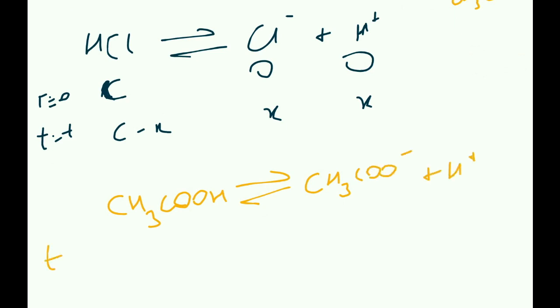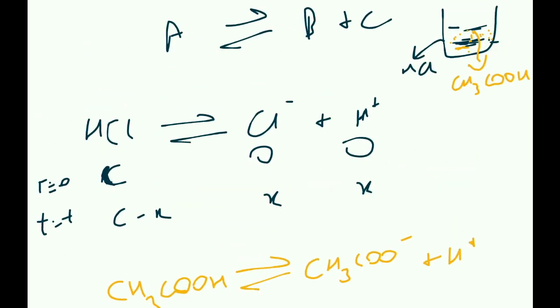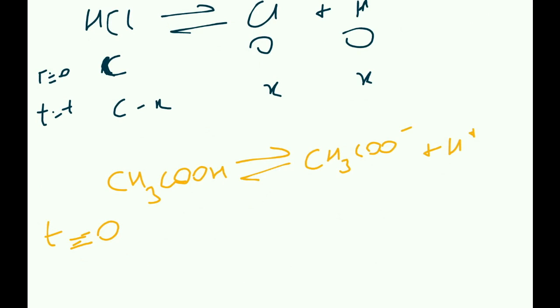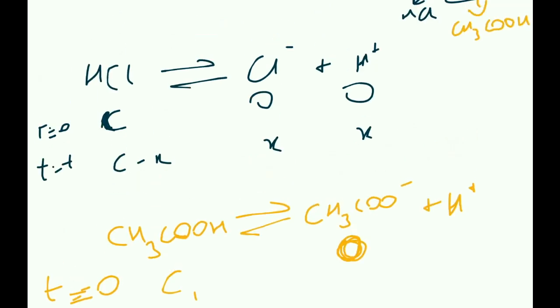Okay, at T equal to 0, let me say I put C1 concentration of CH3COOH, it doesn't really matter, and this is going to have initial concentration 0. But what about H plus? Remember we already got over here some equilibrium value. It doesn't matter equilibrium or not, but you're going to get some value for X, right?